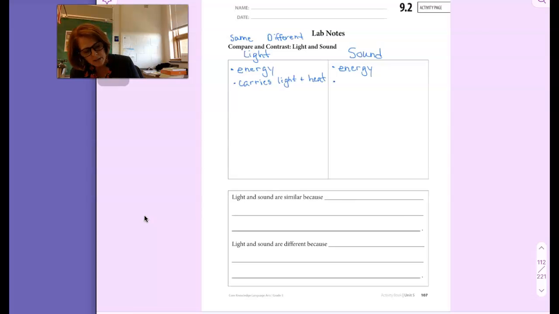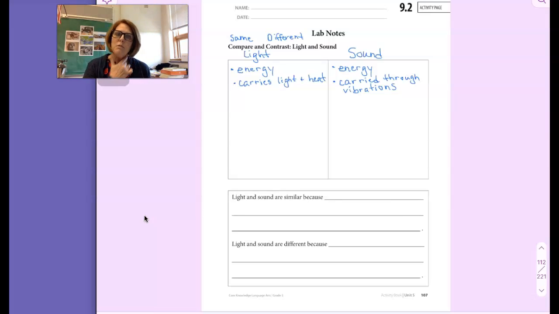For sound, sound is carried through vibrations. Of course, I'm not writing complete sentences because we don't have space and we're just making a list right now.